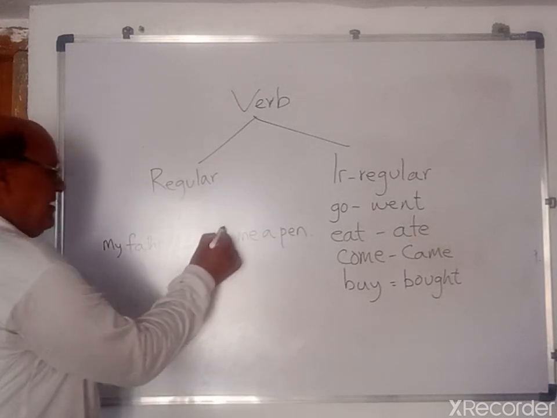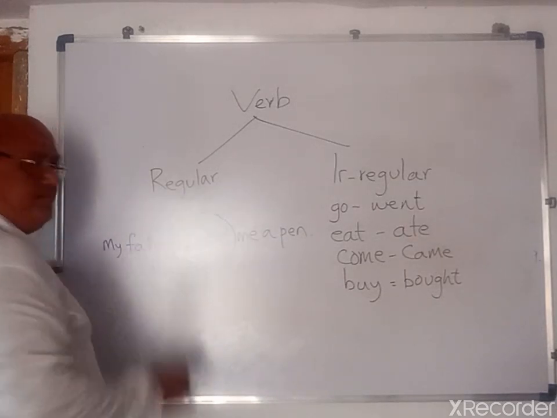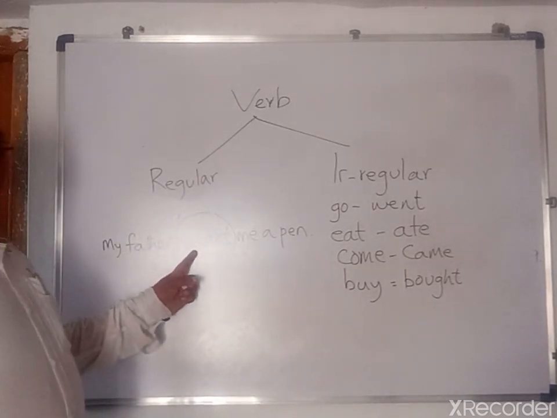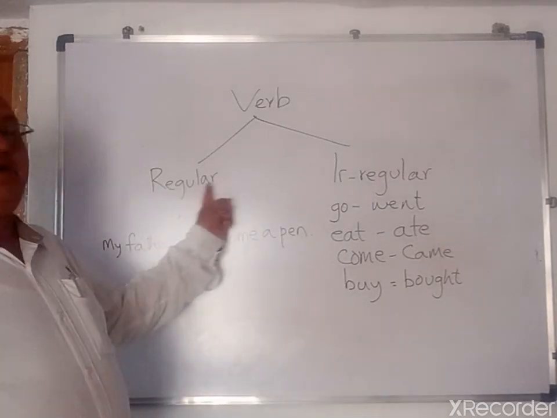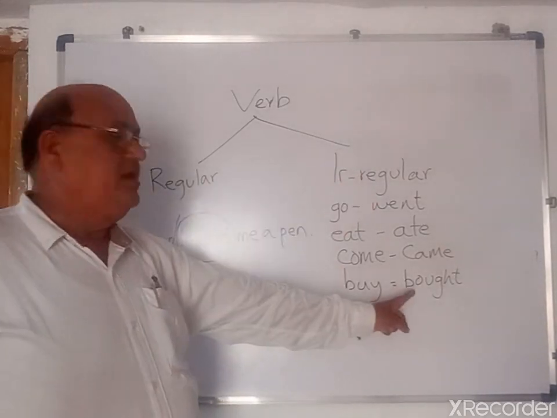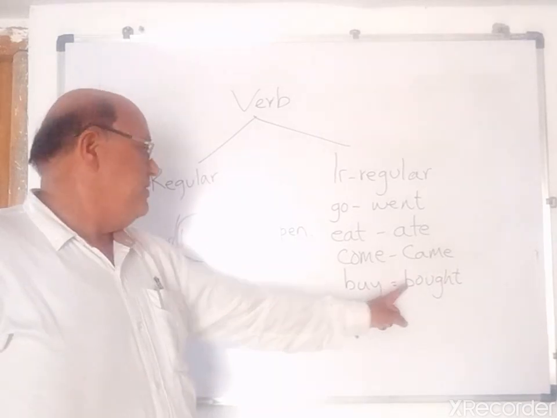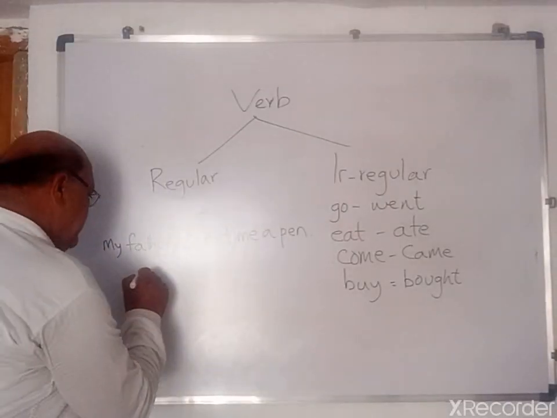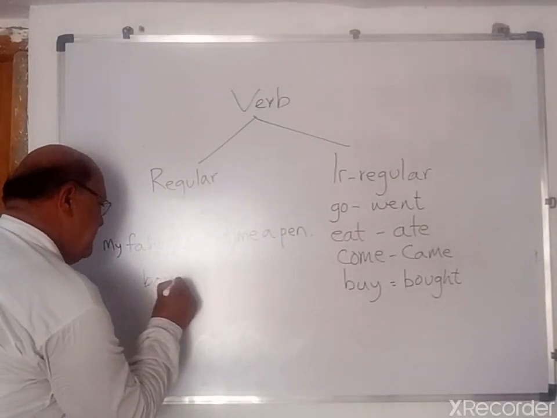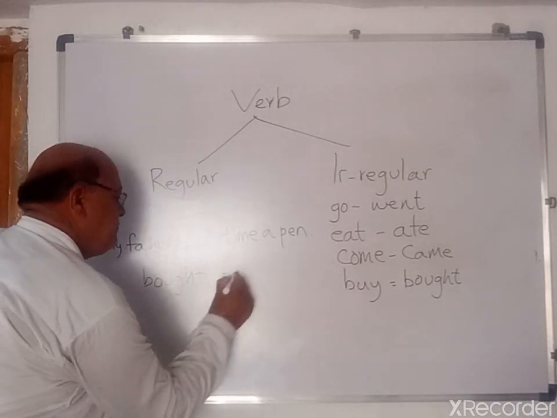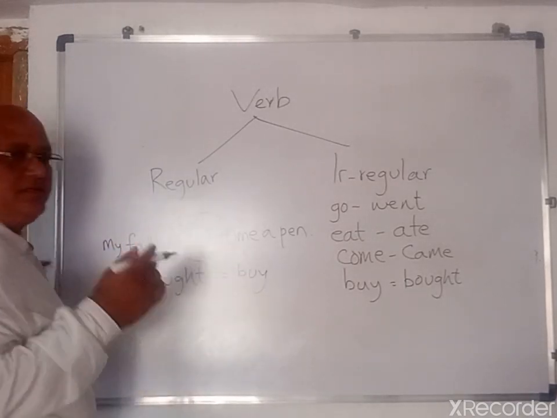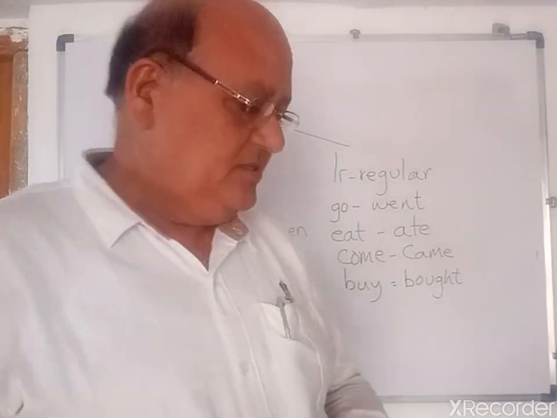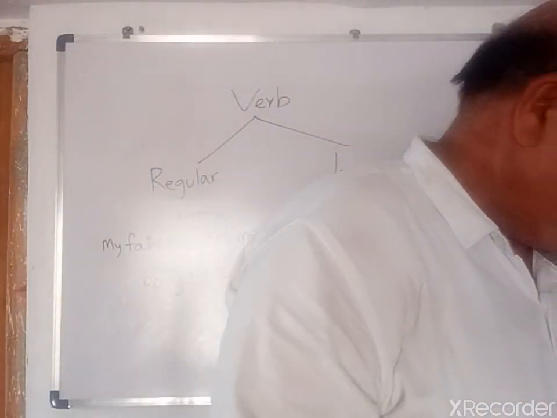Then from the predicate, the first item is the verb. Then we will come to the list, regular and irregular. Irregular verb, we will write bought is equal to buy. This much. Change in tense.